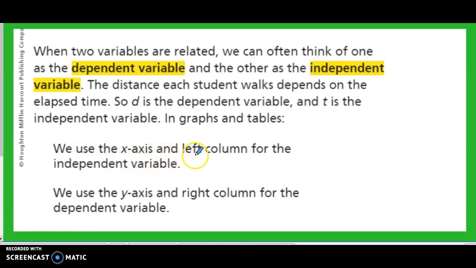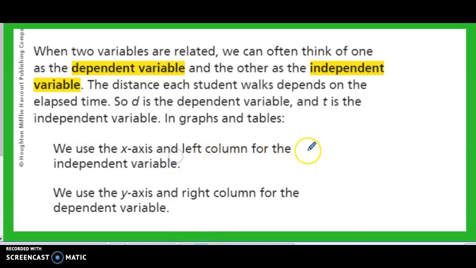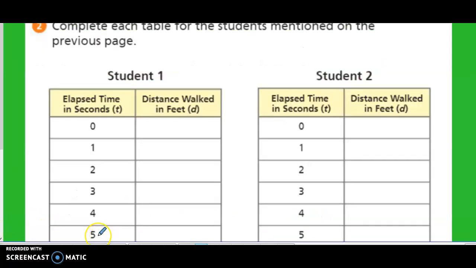Also, please note some information here: the x information is on the left side of our table, and the y information is on the right column of our table. This is very crucial to recognize as we go forward, writing equations and making graphs and tables. These are very important skills to master.